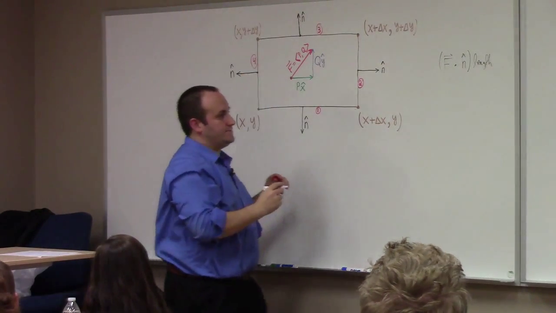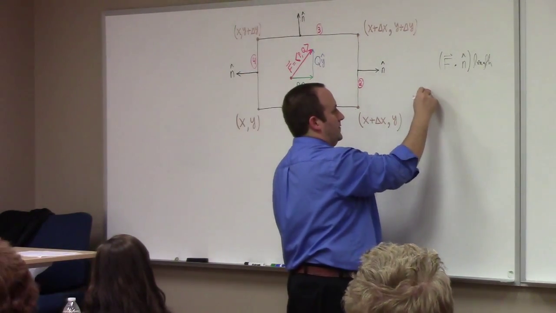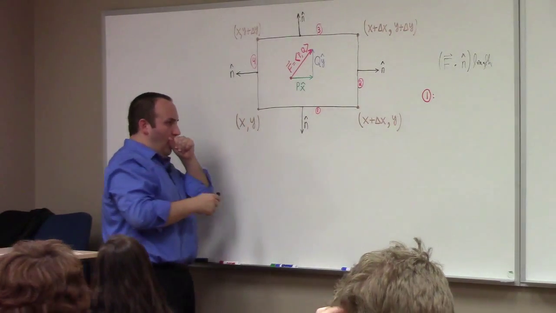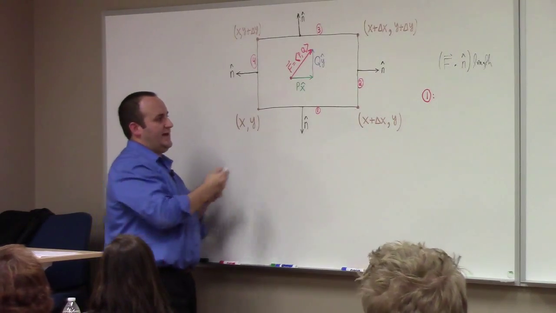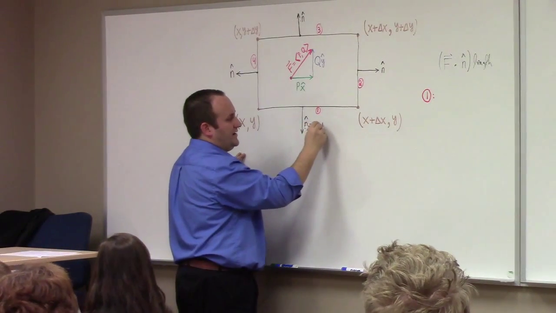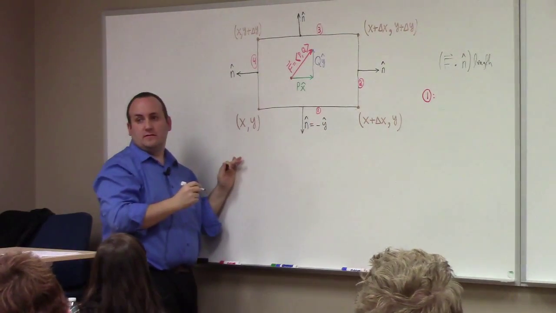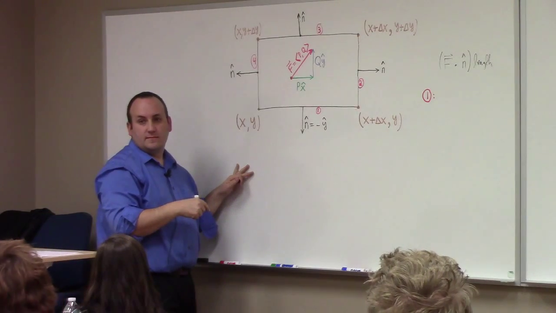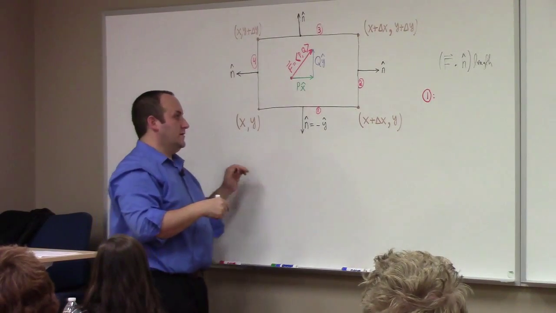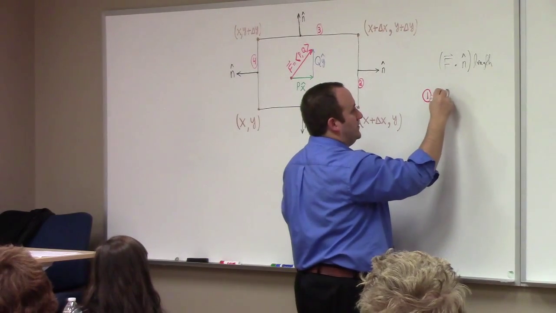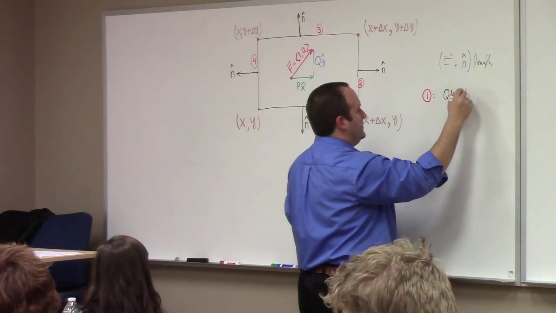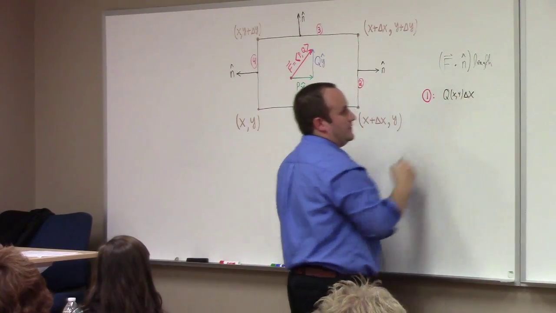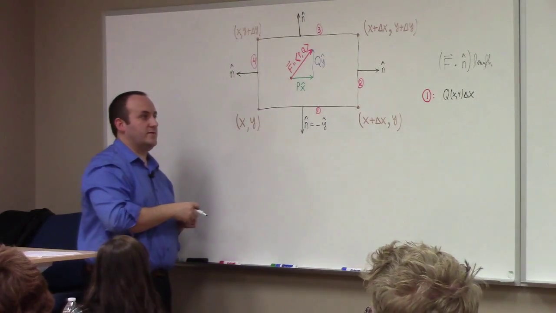Okay, so number 1. What do we got? N hat is actually minus y hat, right? Minus y hat dot this vector only cares about Q, so I could say that's just Q of x, y times the length, delta x. That's the flux for 1.